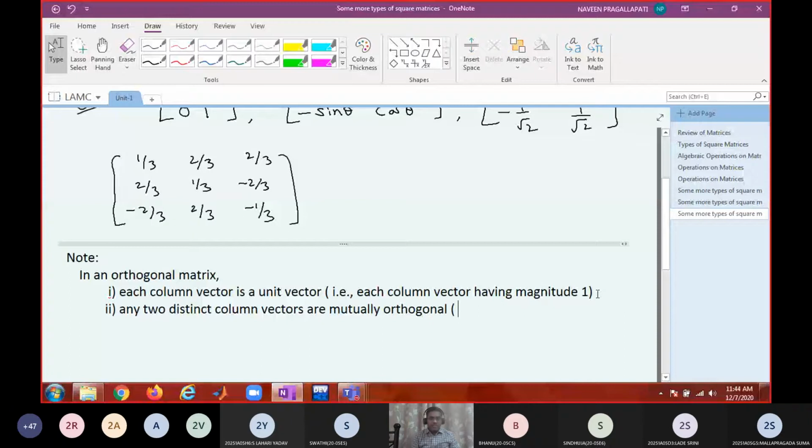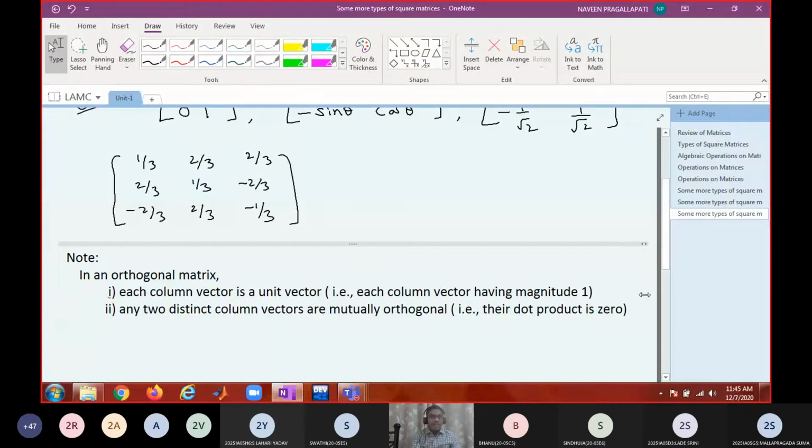That means their dot product is zero. Okay, so that is the property.